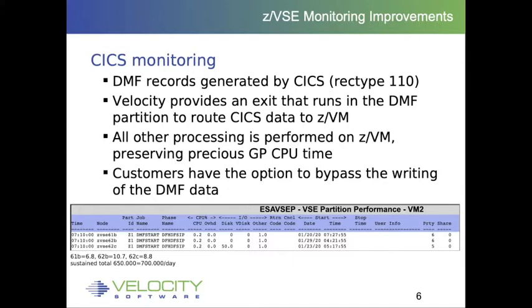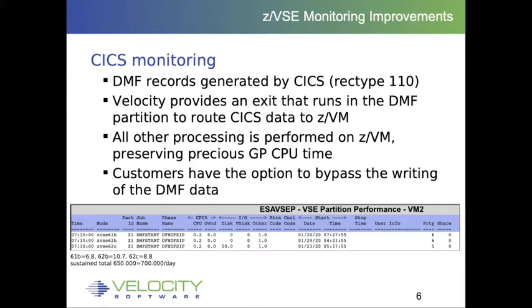All of the processing is performed on the VM side using cheap IFL resources, preserving that precious general processor CPU time for work that really needs to get done. In this DMF exit, customers have the option to bypass writing the DMF data, so if you don't need to retain that data for any other processing on VSE, you have the option to do so.